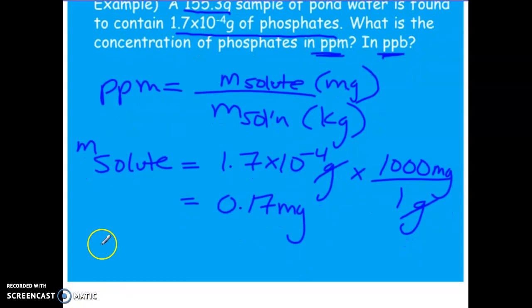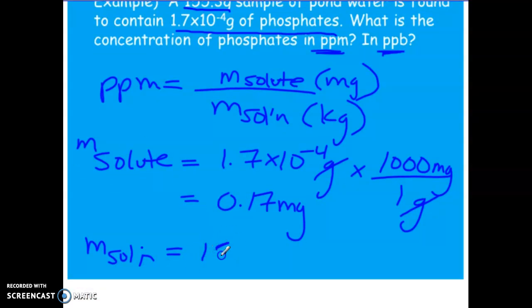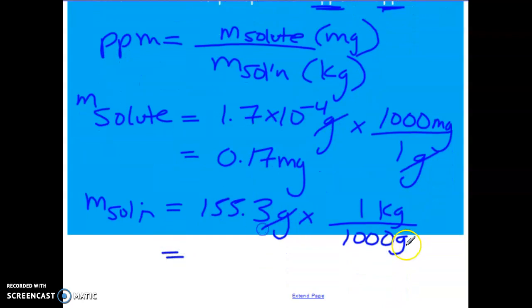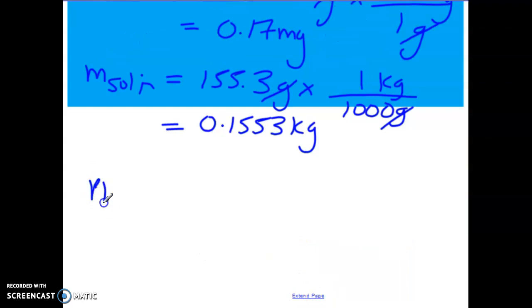And the mass of our solution, we have it as 155.3 grams, but we need this in kilograms. So for every 1 kilogram, there are 1,000 grams. Right? So we're going to have here 155.3 essentially divided by 1,000, so 0.1553 kilograms.